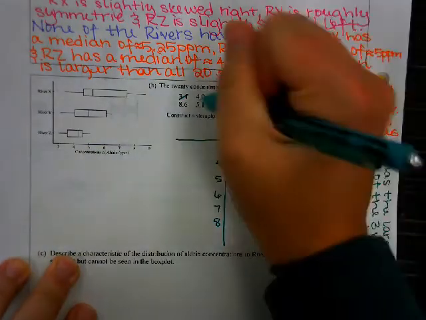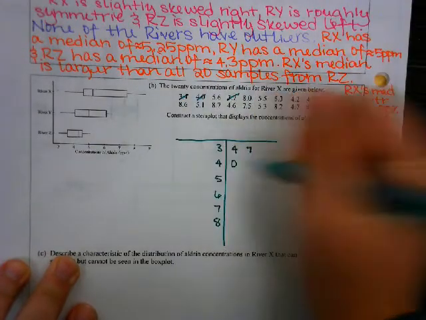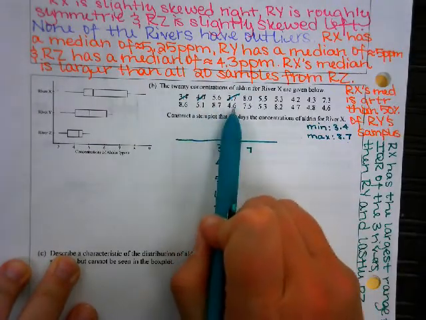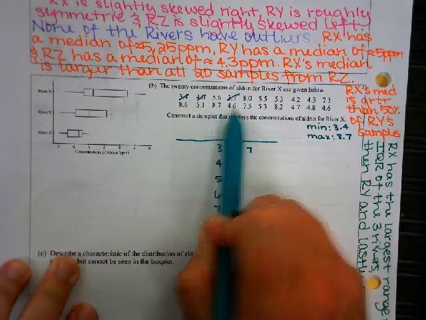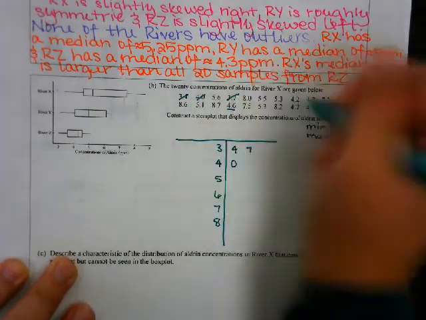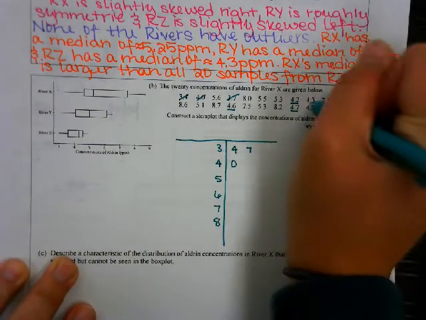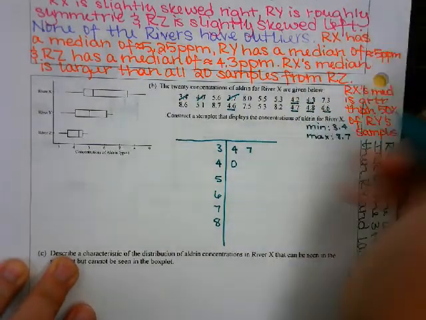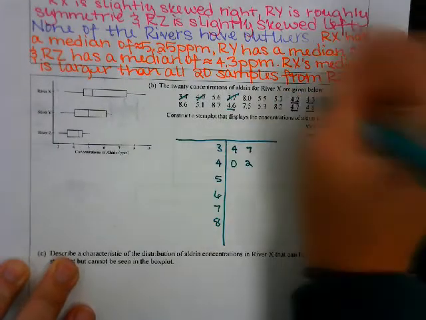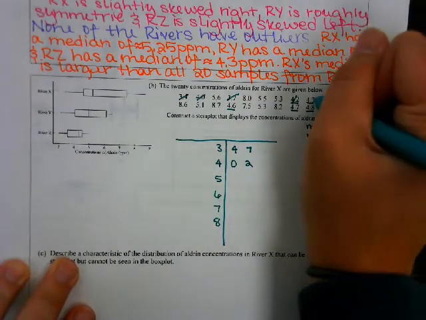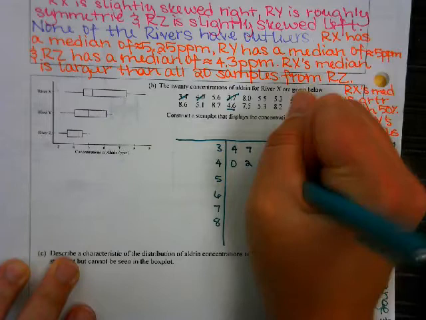I have a 6, but I have a 2 first. So 2, 3, 6, 6, 7, 8.